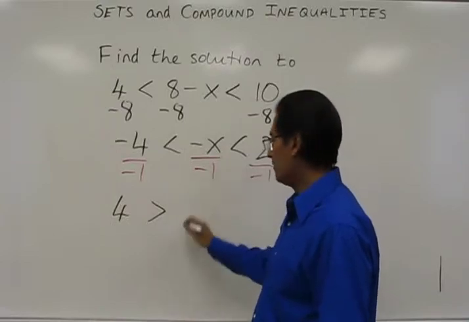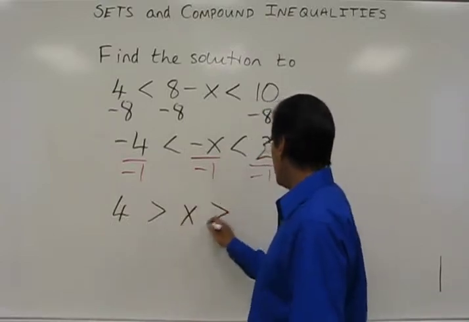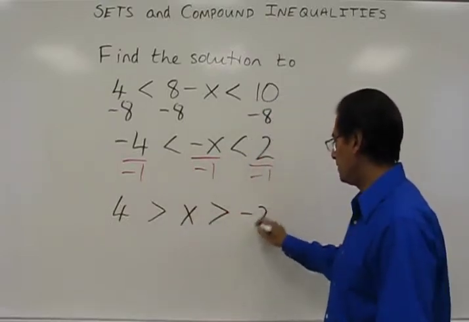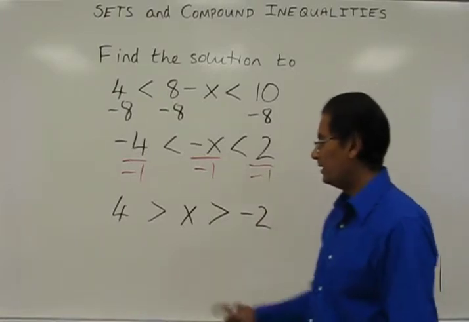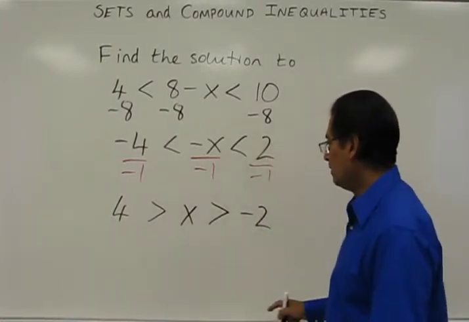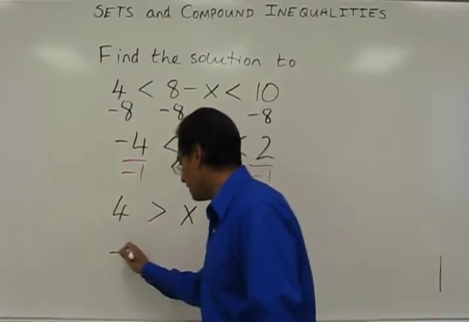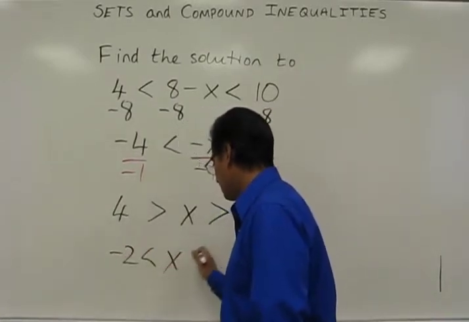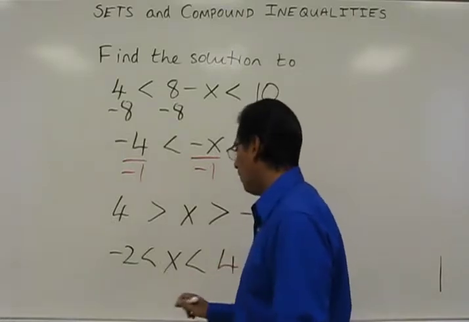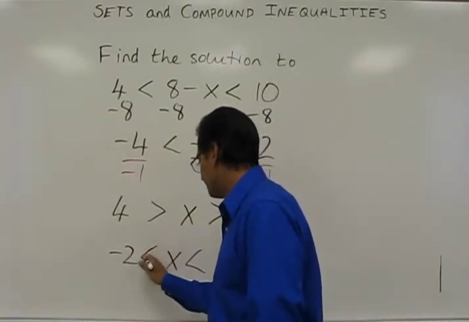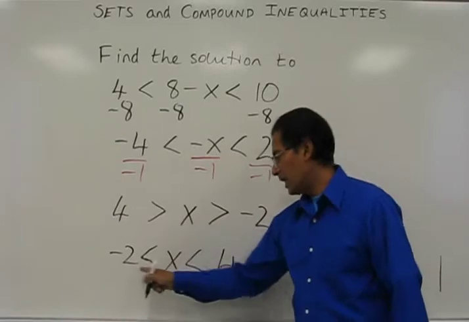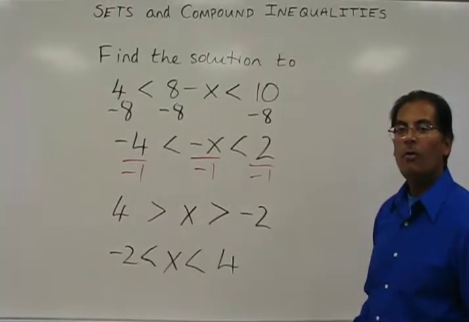Negative x divided by negative 1 is x. Greater than, this flips, negative 2. So we read this as 4 is greater than x, which is greater than negative 2. In other words, we're really saying negative 2 is less than x, which is less than 4. So x lies between negative 2 and 4.